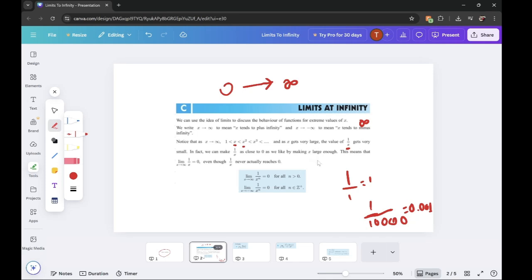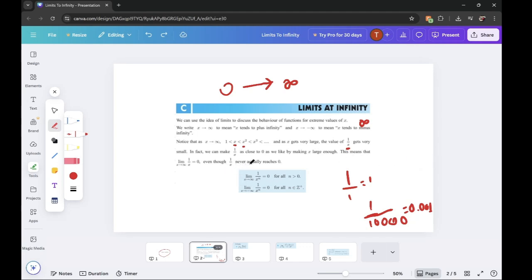So we can make x as large as we want, and this means the value tends to 0. There are so many zeros before the 1 that it basically is 0. That's what the rule implies.